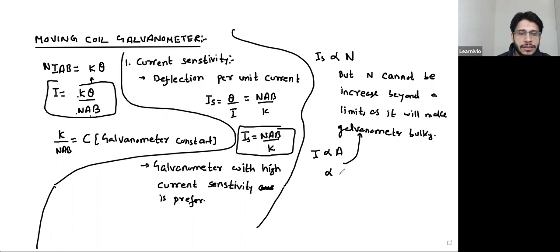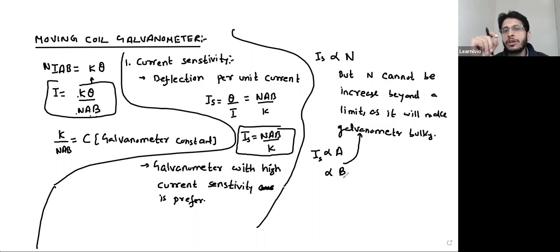Then this is directly proportional to the strength of magnetic field. This is where you can increase the sensitivity. If you keep increasing the strength of the magnetic field, the current sensitivity will increase.